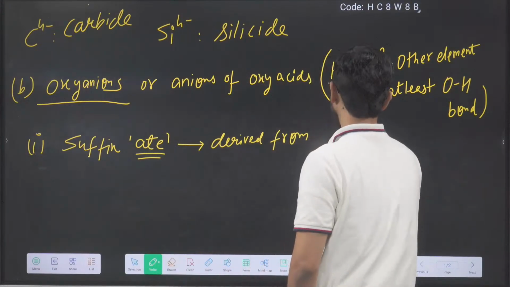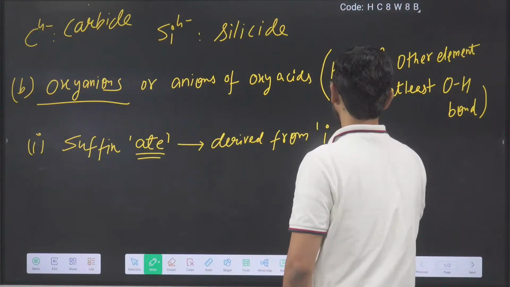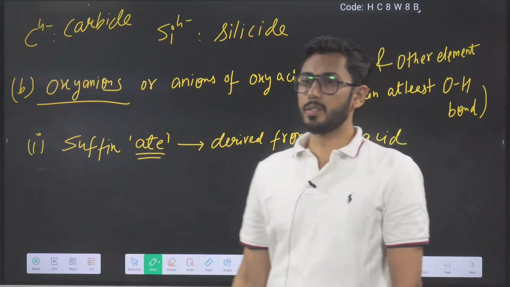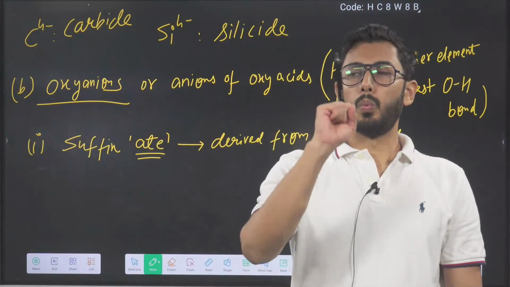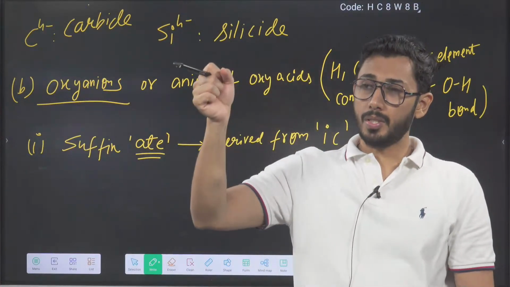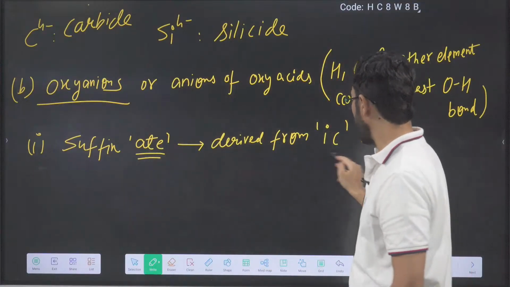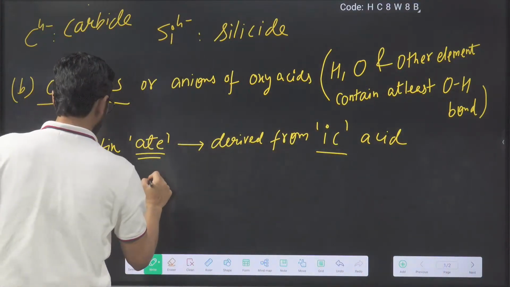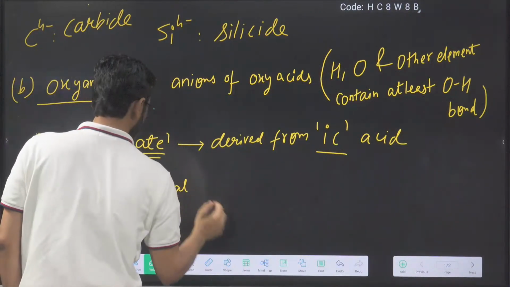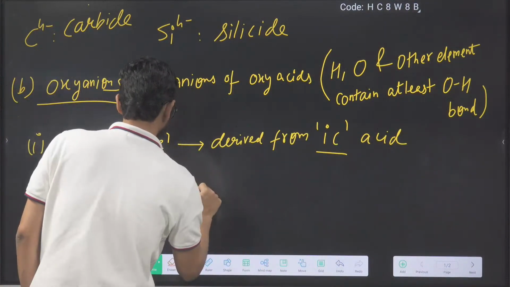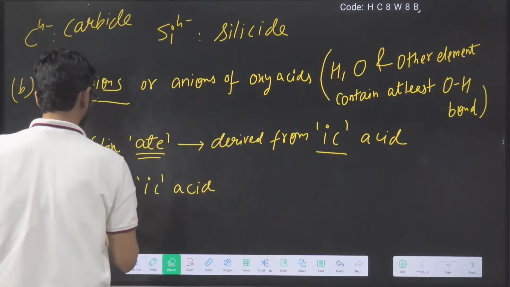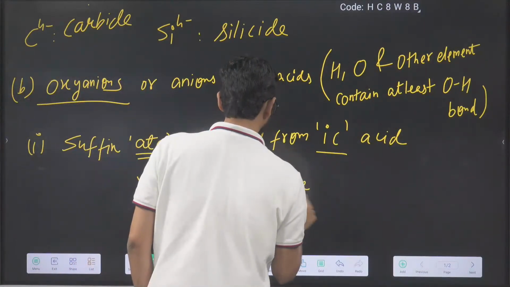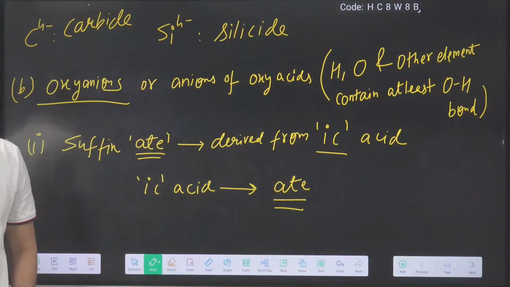Derived from which parent acid? Suffix ate, when to use? When the parent acid has which name? Ic acid. So we will relate it like this: ate is used if it is which acid? Ic acid. For an ic acid, the name of the anion will have suffix ate.